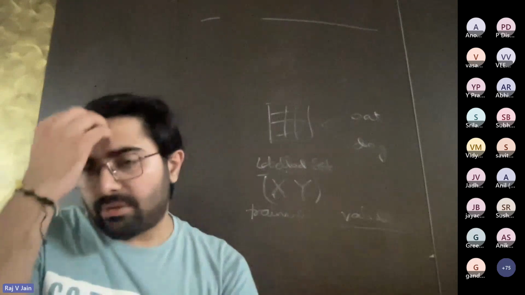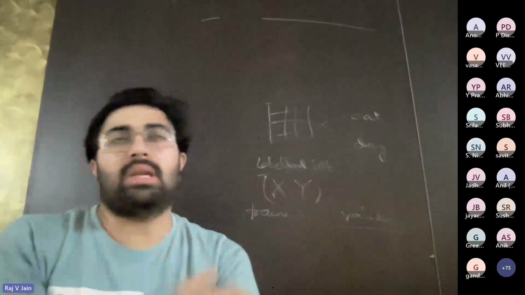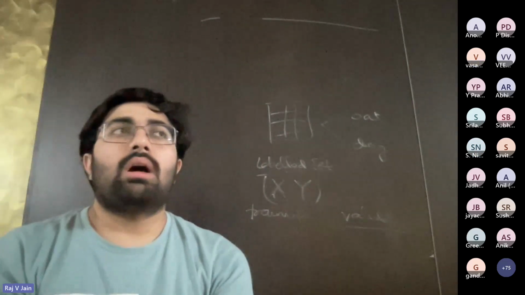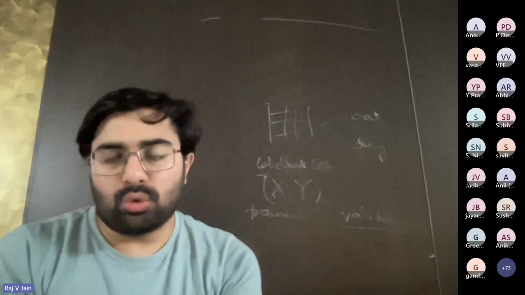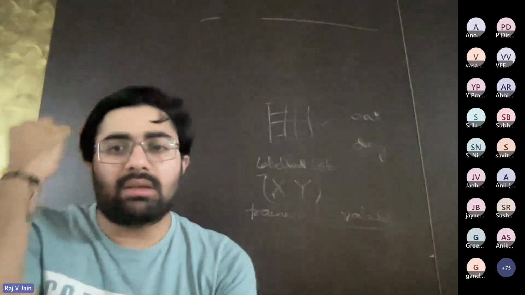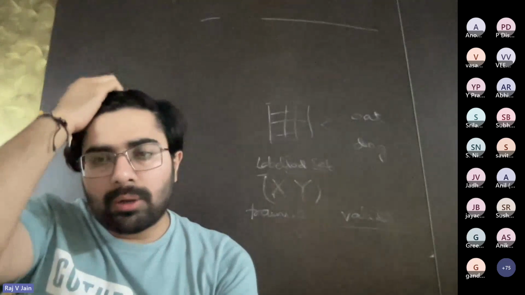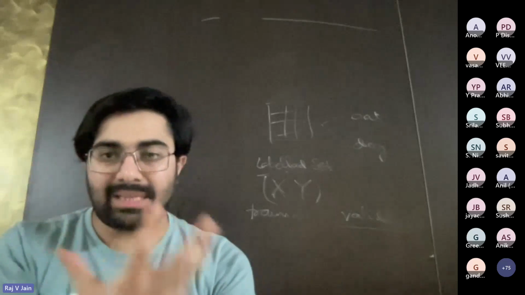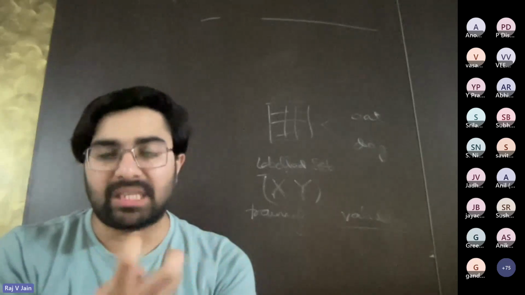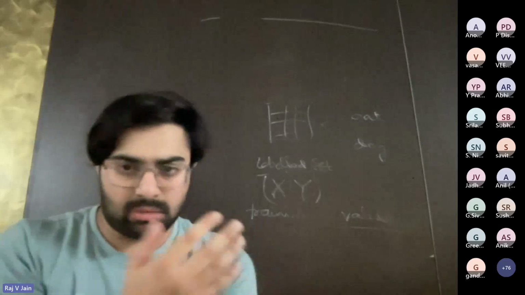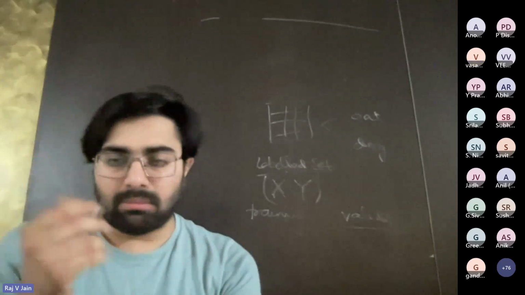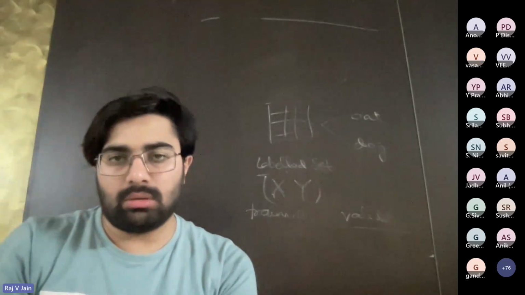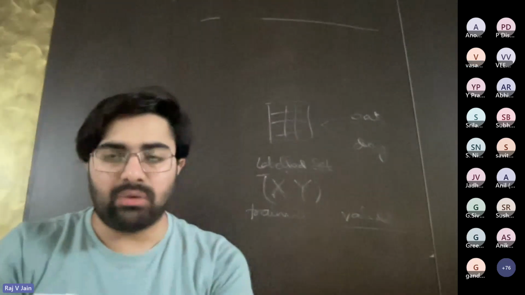For example, in the image example, the cat and dog example, let's say I have a 32 by 32 pixel image, and let's say it's grayscale for now. The instance space here is all the possible values that can exist in this image space. There are 32 cross 32, so 1024 pixels, and each of them can take a value between 0 and 1, one way of representing grayscale values.